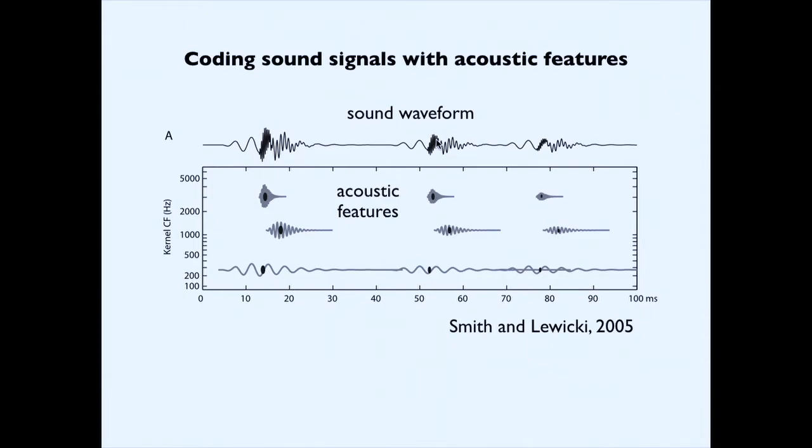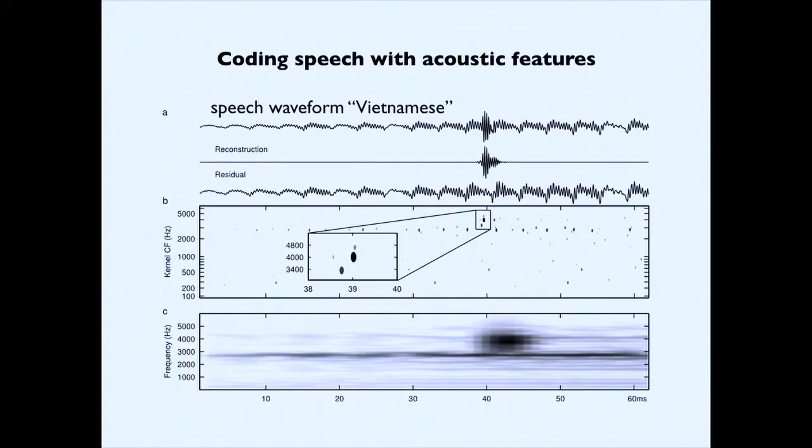The first discovery was that this type of representation is very efficient. If you take a speech waveform, for example, and describe it in what we call a spike representation, a representation of the acoustic signal in terms of these small acoustic features, well, the traditional representation is called a spectrogram. You plot the spectrum as it varies over time.